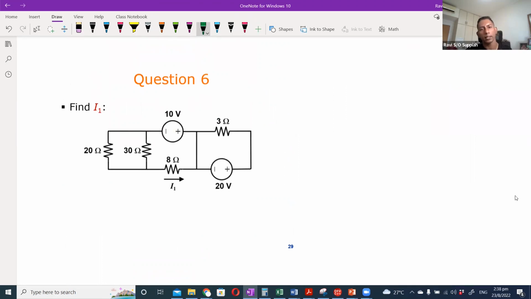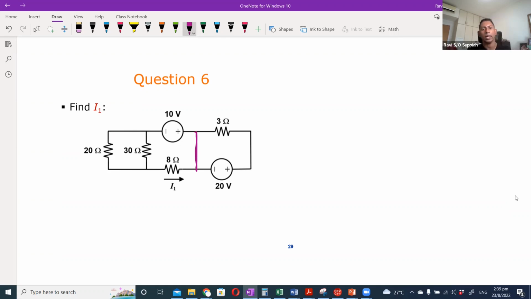For the circuit here, the way to analyze it is to look at this line over here. There is no component here.